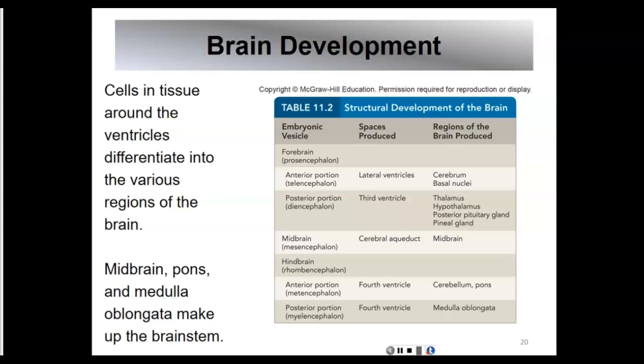So basically just read through the basics here. Cells in the tissue around the ventricles will differentiate into various regions of the brain. As the cells in this area of the ventricle are going through mitosis, as well as developing embryonically, they're going to differentiate, meaning they're going to specialize into certain parts of the brain.